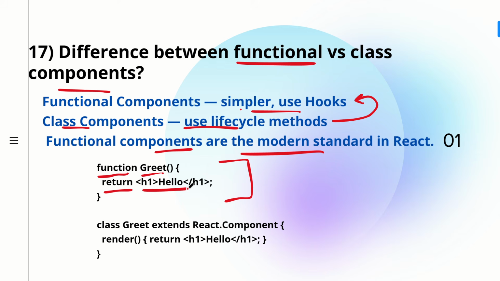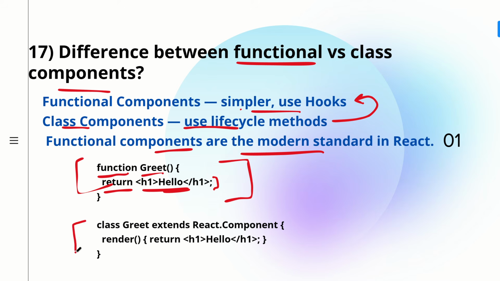If here you are returning heading hello, in case you want to return something extra with the heading, maybe you want to show 5 headings with one paragraph and one image, then how will you send? Because we can only pass one element here. So in that case you can have a container div. Inside the div you can put as many elements as you want, but there will be only one element which can be returned, either div or h1, anything. So this is how you write your functional component.